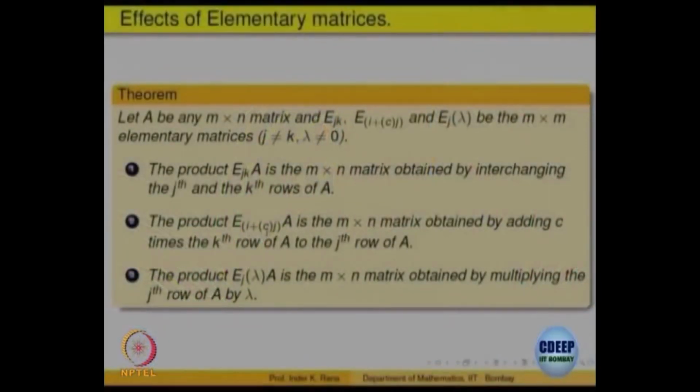Similarly, E I alpha will do this. So, E I plus alpha j, what will this do? It will take the jth row of A multiplied by C and add it to the ith row of A, right. I think it is k written, so this is a typo, and similarly the lambda 1.